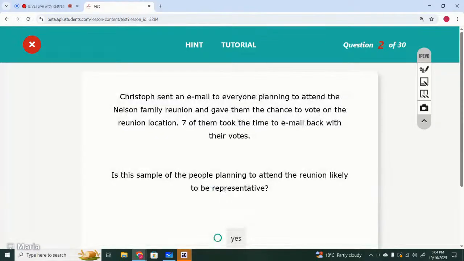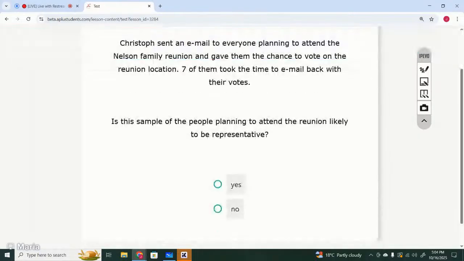Christoph sent an email to everyone planning to attend the Nelson family reunion and gave them the chance to vote on the reunion location. 7 of them took the time to email back with their votes. Is this sample of the people planning to attend the reunion likely to be representative? No, it is not representative.